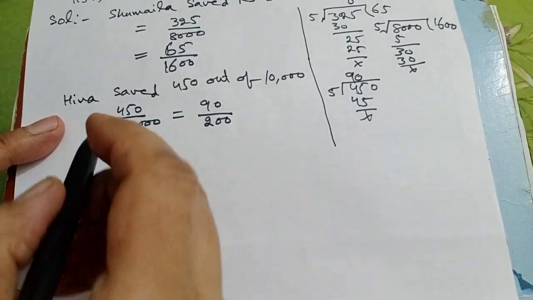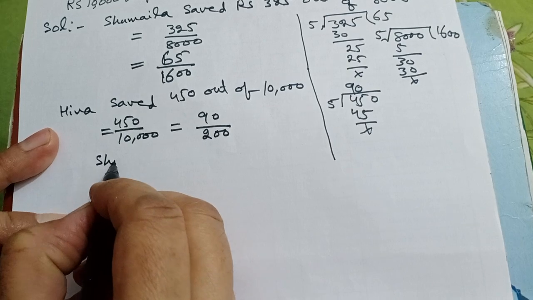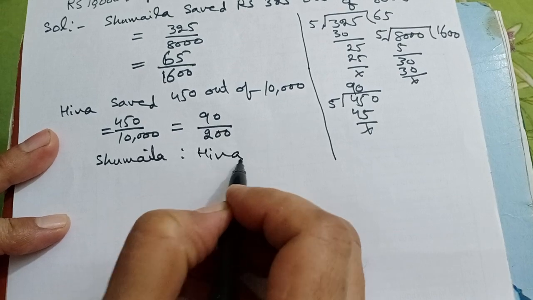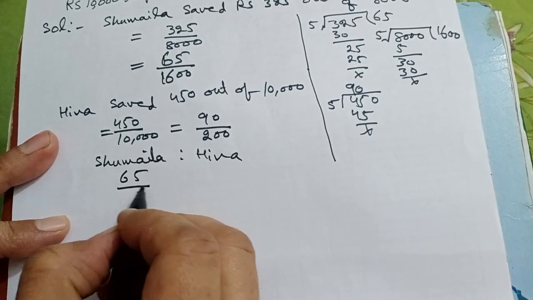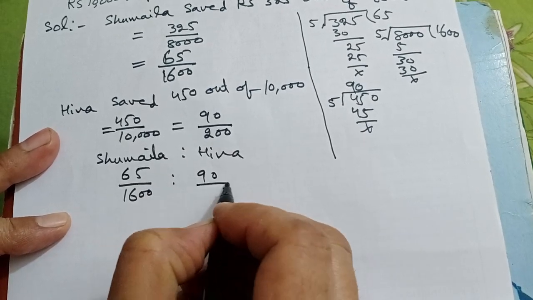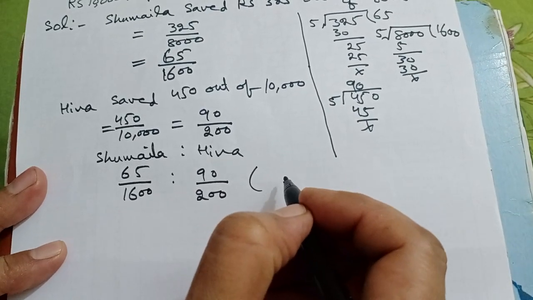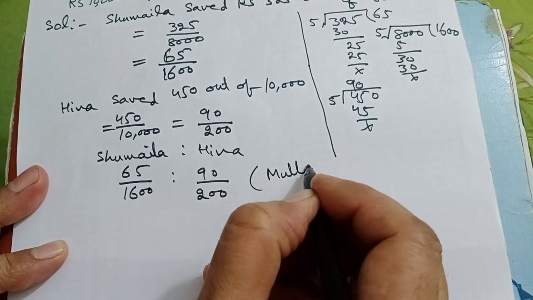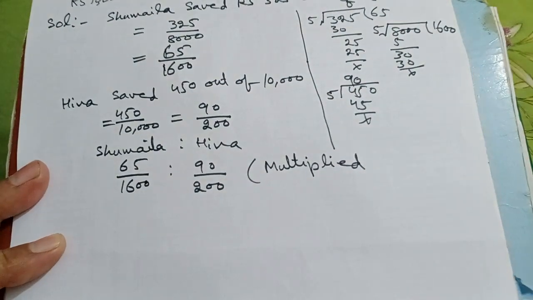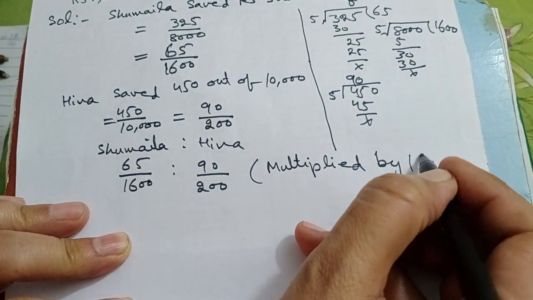Next we have to solve their ratio. Shumaila ratio Hina: 65 divided by 1600 ratio 90 divided by 200, multiplied by 1600.